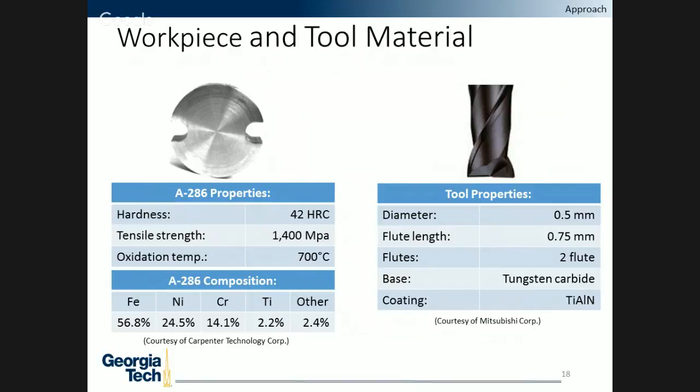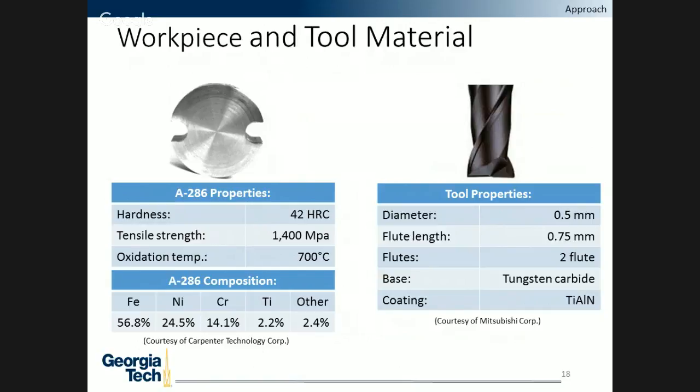A286 is a commonly used metal, especially in the aerospace industry, and it is very attractive for engineering applications because of its incredibly high tensile strength and great corrosion resistance, along with its high oxidation temperature.